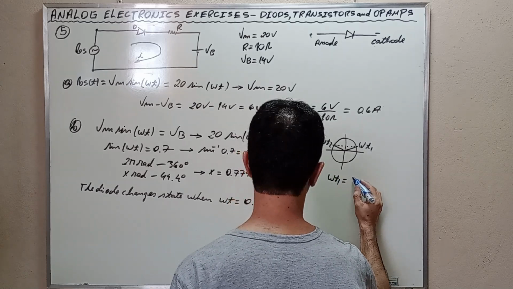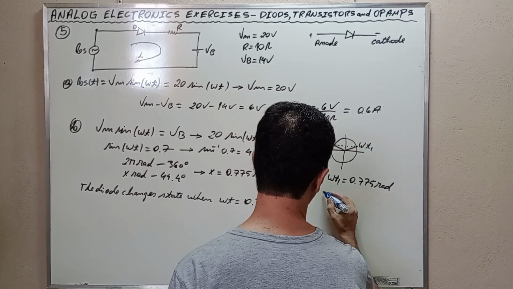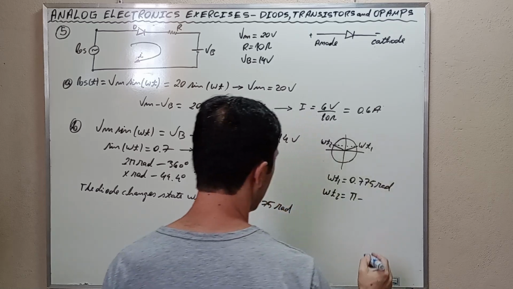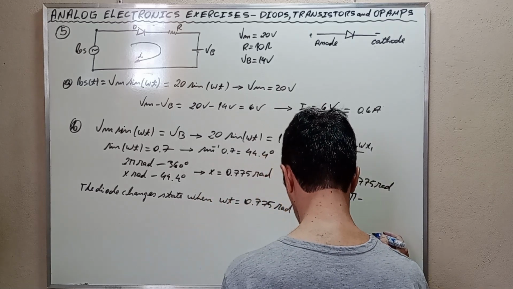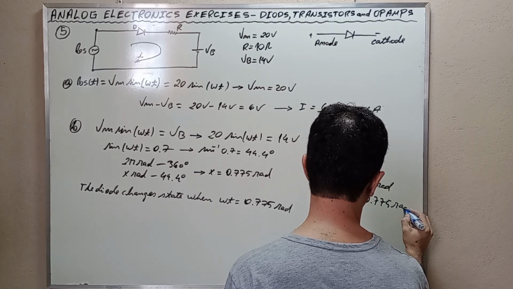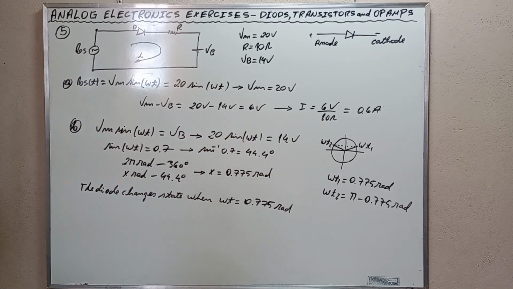Wt1 is equal to 0.775 radians, and Wt2 is equal to pi minus 0.775 radians. All right, my friends, these are the angles in which the diode changes state.